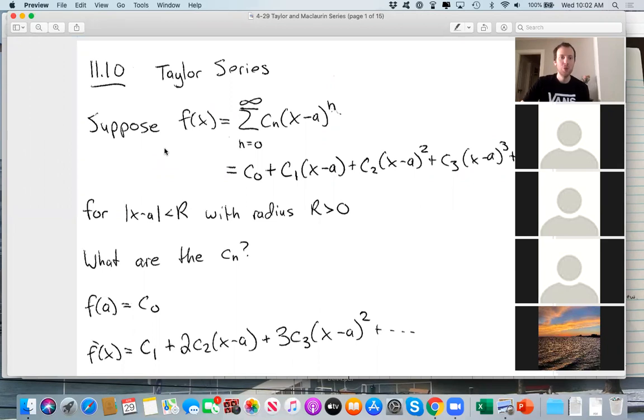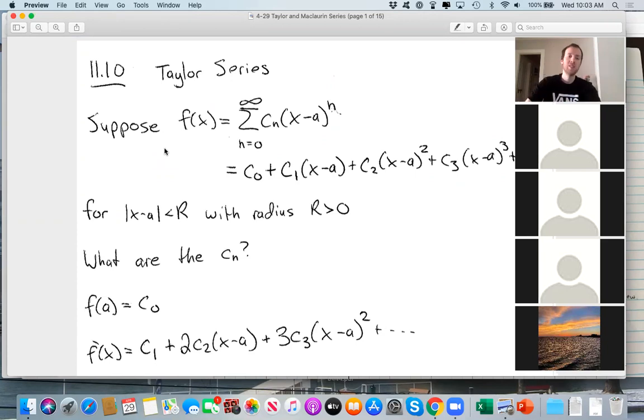And the way we've been doing it is really starting with some, like the geometric series, we know that works. And we've been starting there and substituting into it and differentiating and integrating those things.